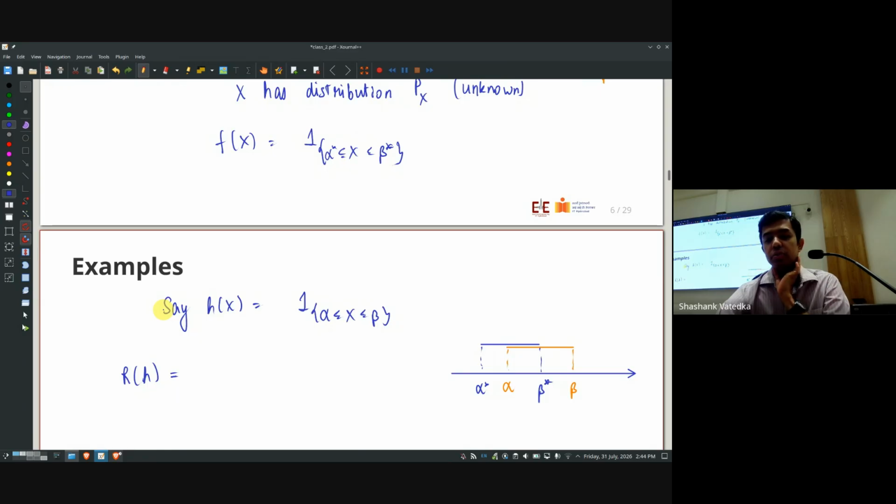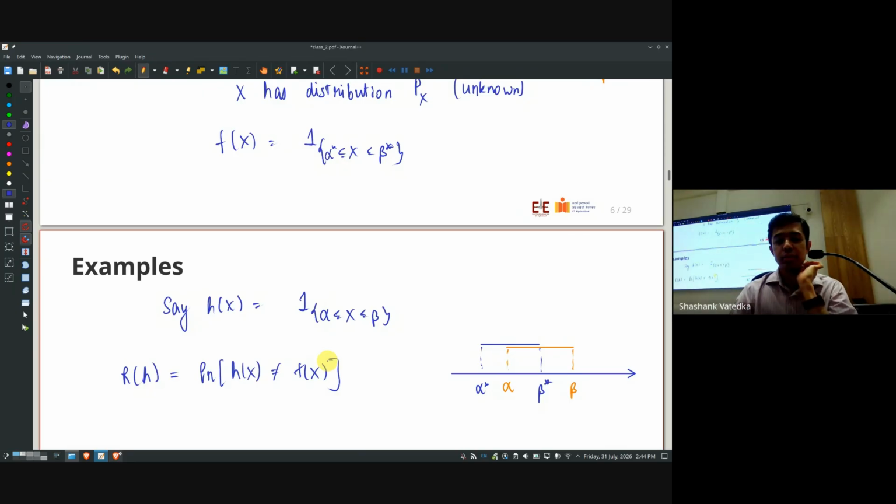Correct. So the generalization error in a classification problem is simply the probability of incorrect classification. So in other words, this is just the probability that h of x is not equal to f of x, because there's no other randomness in the system except for x.